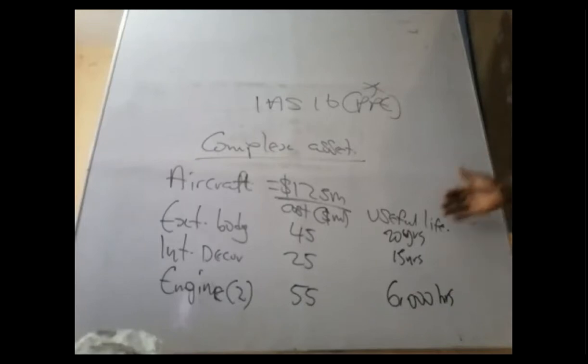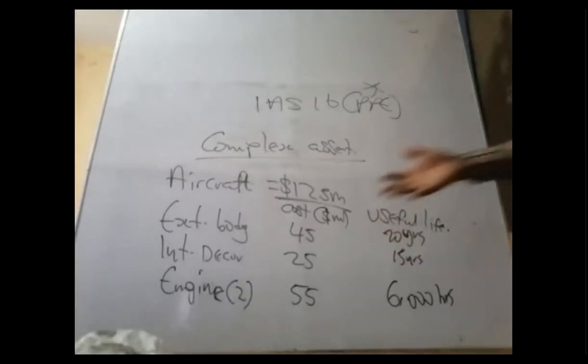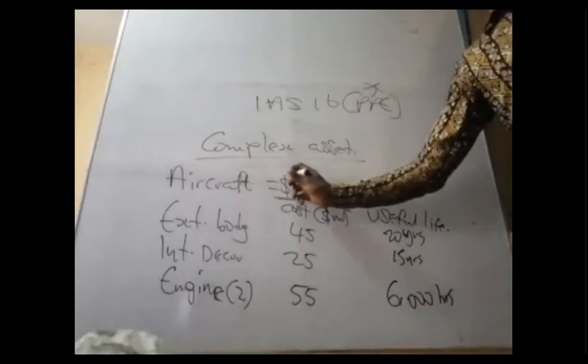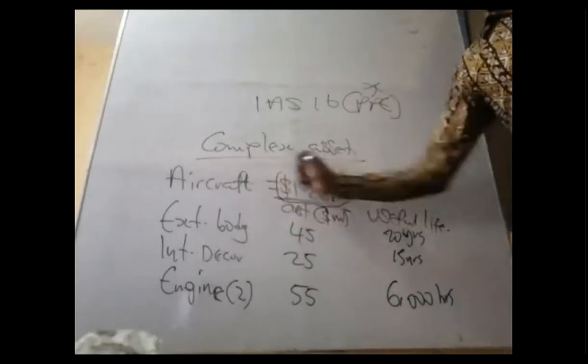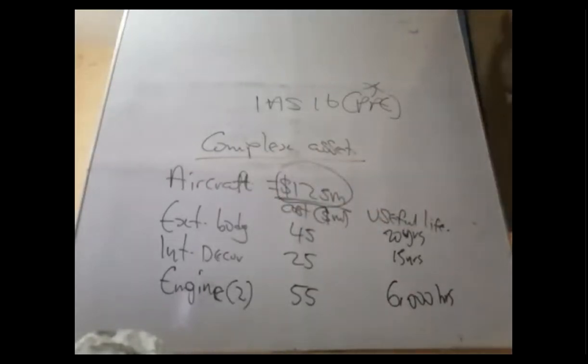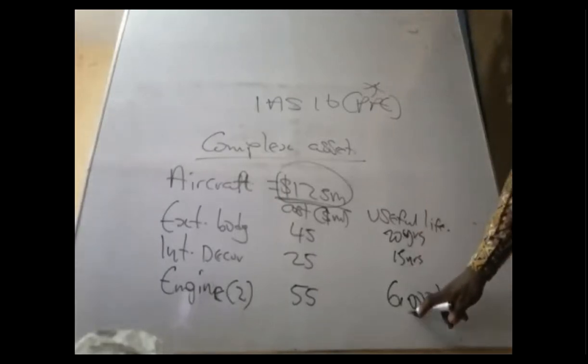Now, this is an example of a complex asset. How do you treat it in your books? The standard is saying that we record the asset at $125 million, but when we are calculating depreciation, we should calculate it componently, or separately. Why? Because the useful lives are different: 20 years, 15 years, or even 6,000 hours.